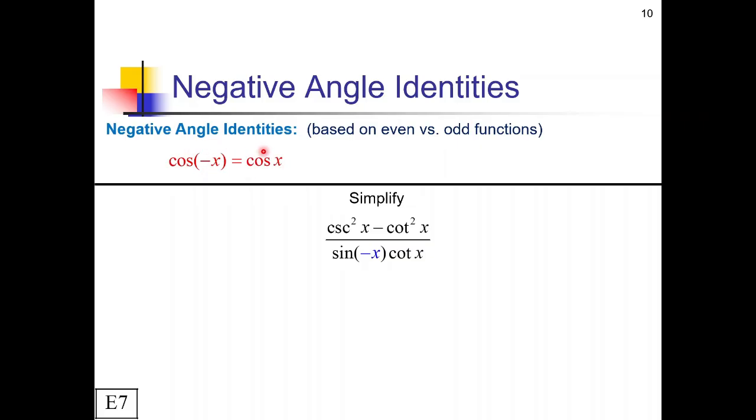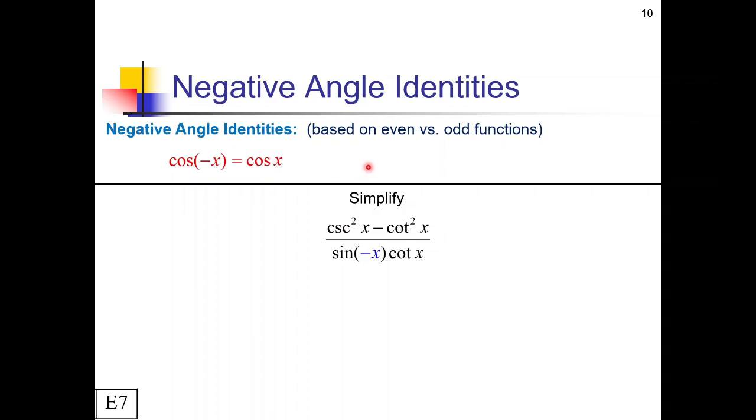And if you still don't really believe me, you can just test this out with an angle. Like let's say we do cosine of negative 60 versus cosine of 60. Well, cosine of negative 60 is 1/2. It's in quadrant 4, but it's an even value. Cosine of positive 60 is also 1/2. So that's a quick little example of how that works.